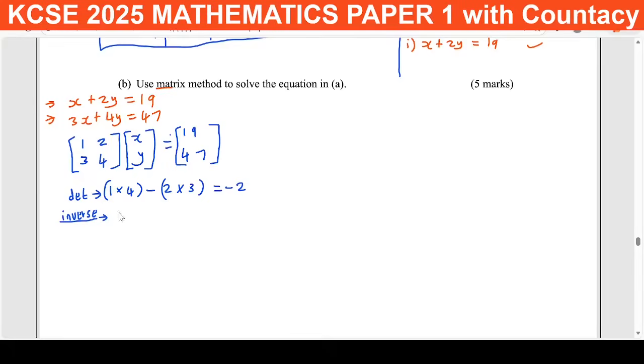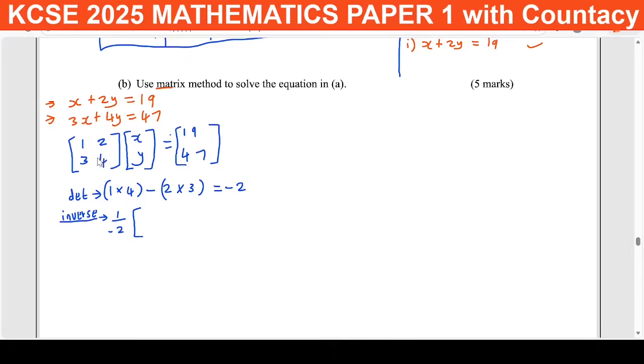For my case, I'll wish to go directly and fill it in here, but we do 1 divided by the determinant. For our case, the determinant is negative 2. Therefore, we write negative 2 there, and then we multiply by the matrix that we are finding the inverse for.